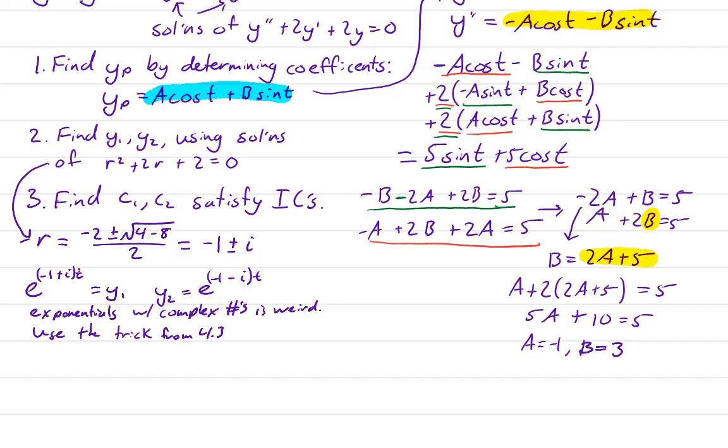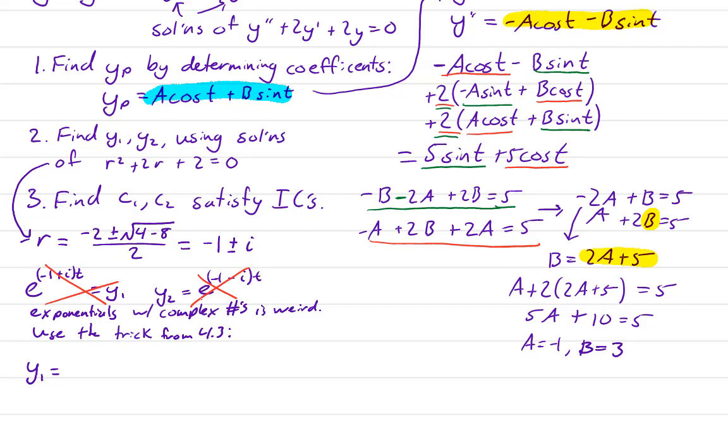Dealing with complex numbers would make this annoyingly difficult. You'll get the right answers, but if you just want real solutions, because you have real-valued initial conditions, the trick from 4.3 is that you can get real solutions out of this.